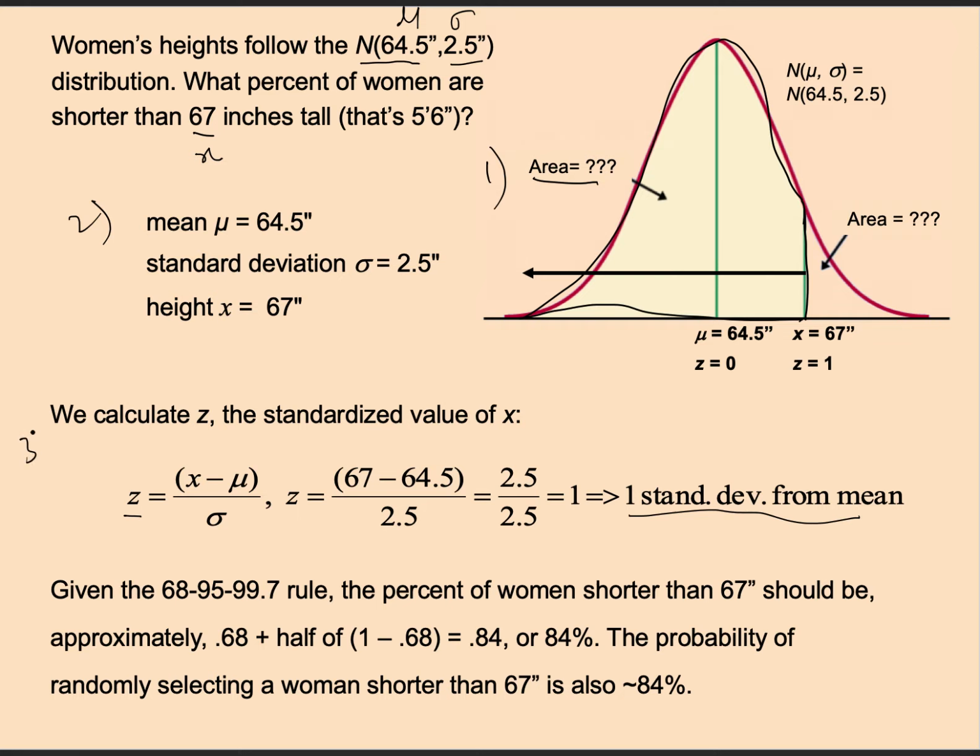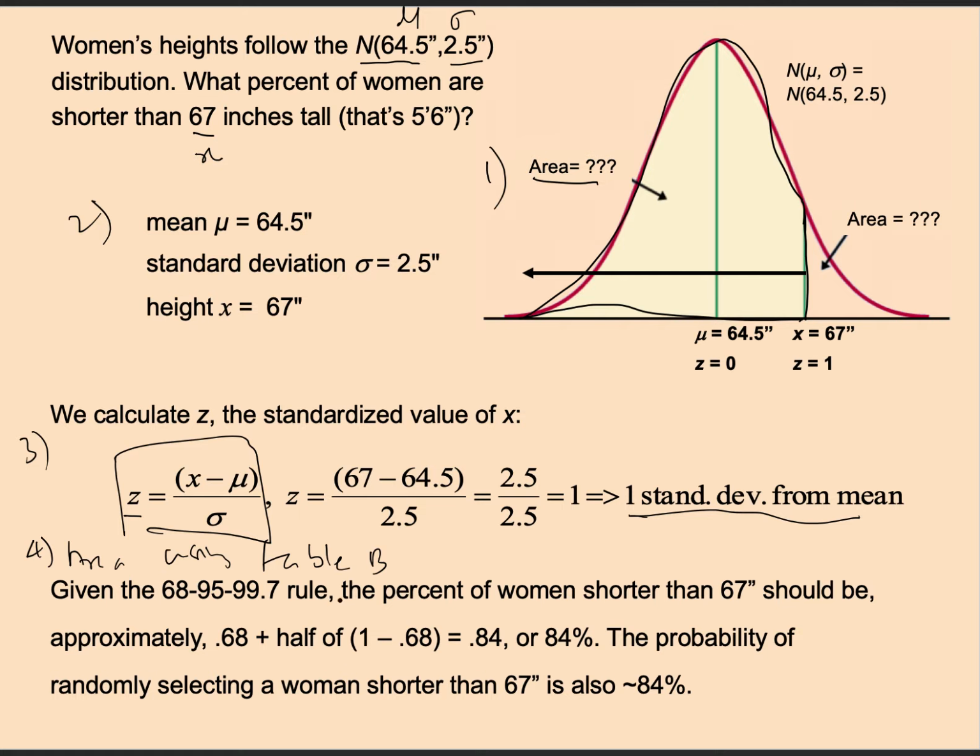The third step is to calculate the z using this formula, and you have shown that z is one standard deviation. Next, you want to find the area using table B. That's for hand calculation, but if you're using software, the software will help you do that.